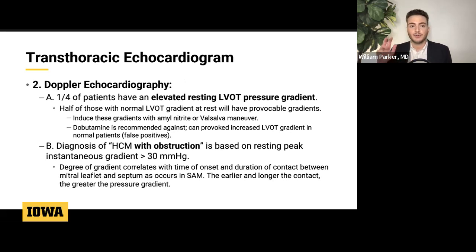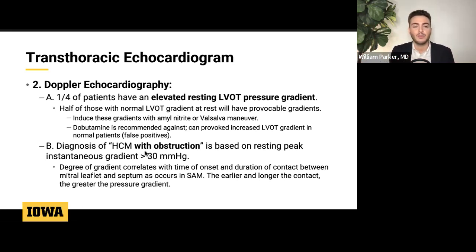So diagnosis of hypertrophic cardiomyopathy with obstruction, which is probably a less contentious way to say that than HOCM or hypertrophic obstructive cardiomyopathy, a term we're trying to phase out. That formal term is based on an elevated resting instantaneous gradient. And the degree of that resting gradient, so how much obstruction there is, is related to the amount of time the mitral valve spends in systolic anterior motion, pressed up against the interventricular septum and occluding blood flow through the LVOT.